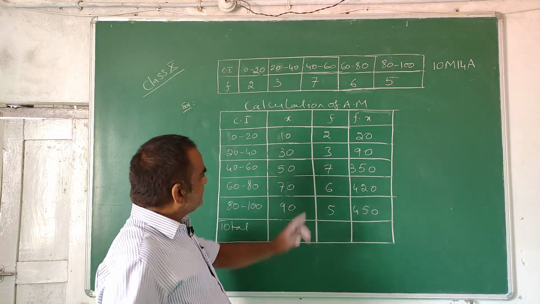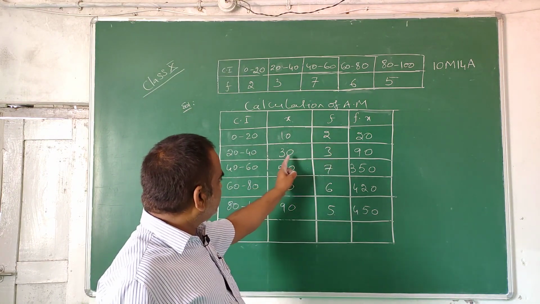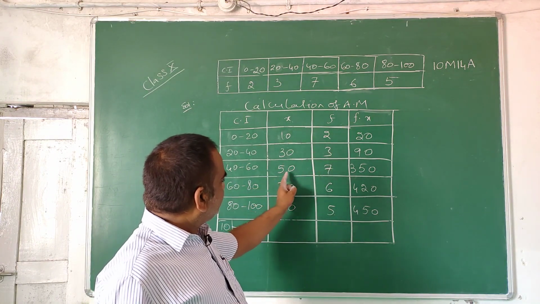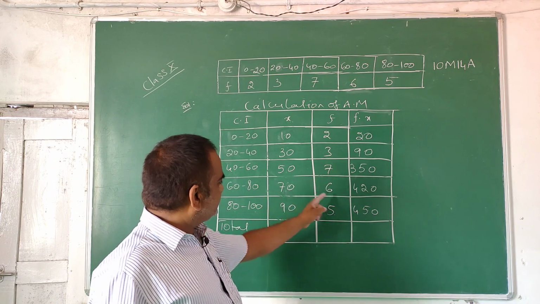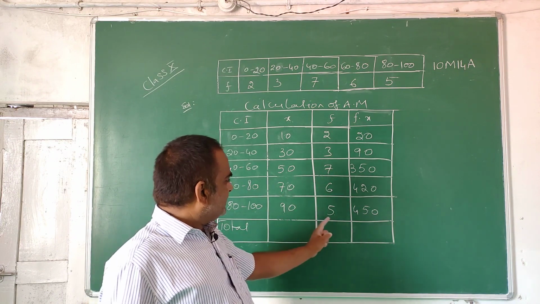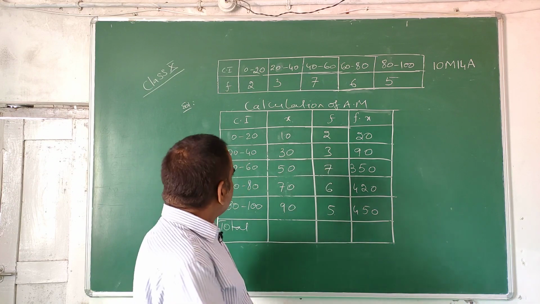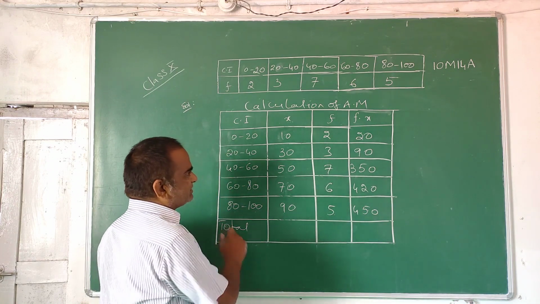Did you understand? I took the products: 20, 90, 350, 420, 450. Now the total, this block is for total.